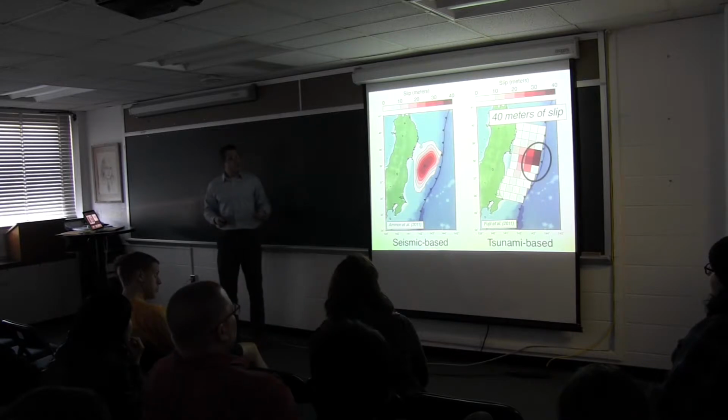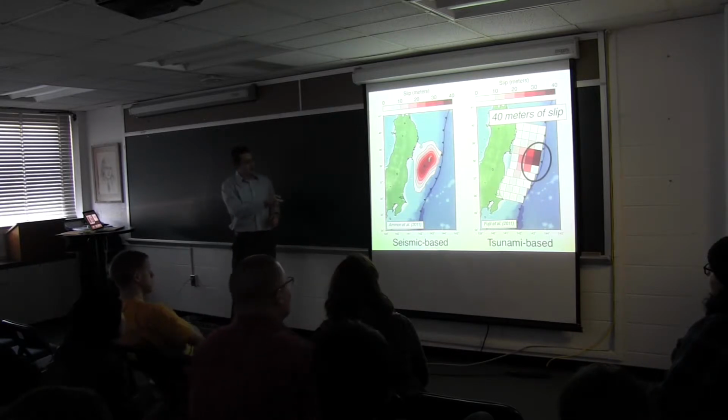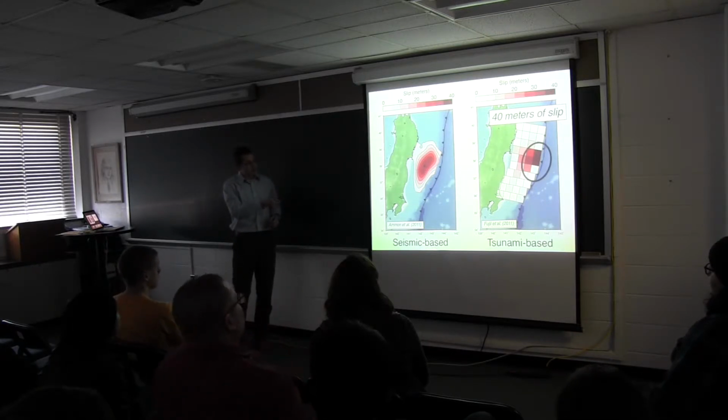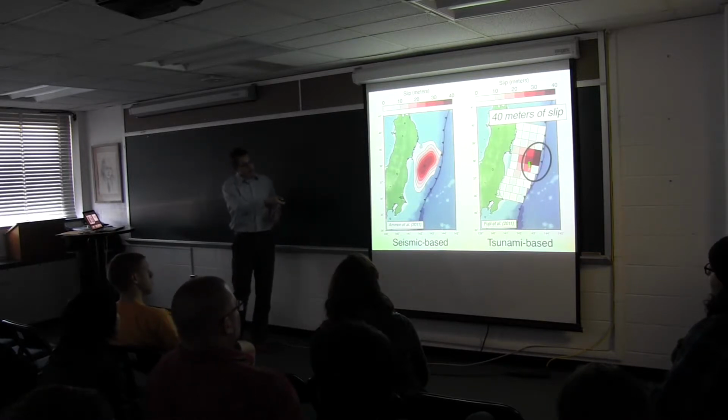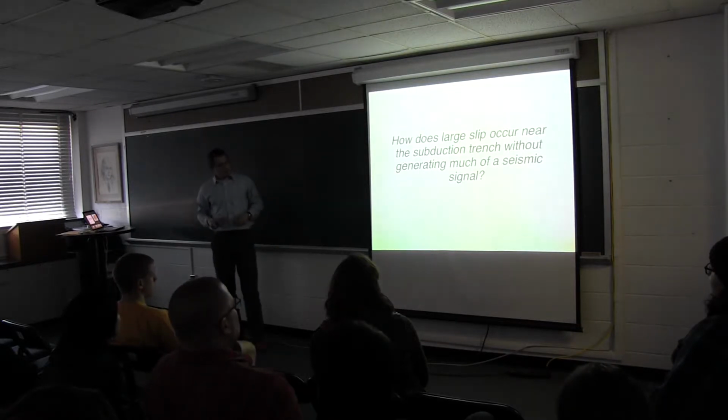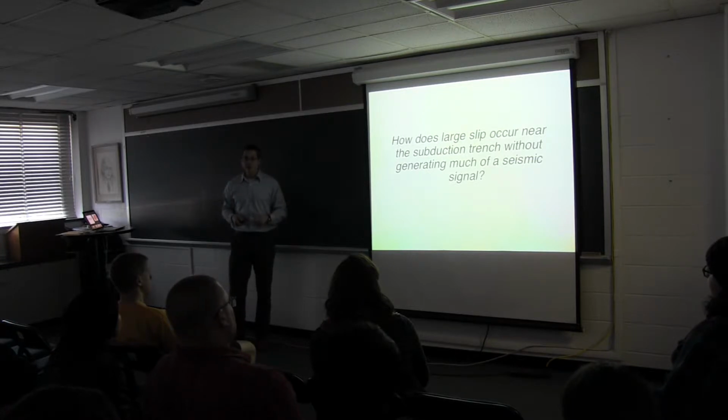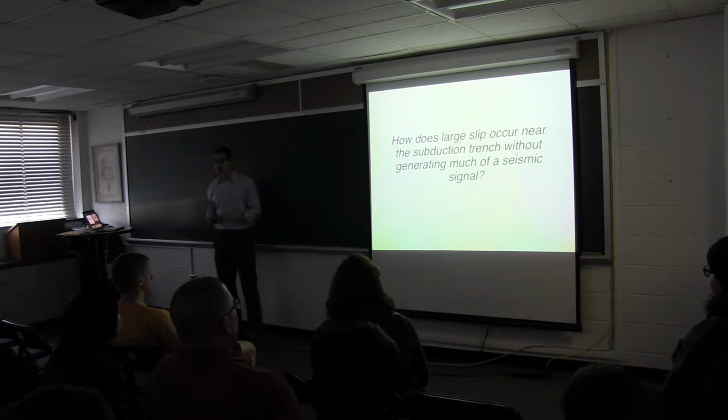So there's this inconsistency. Seismic data show large slip at depth and less slip up at the trench, but the tsunami was very large and showed large slip up near the trench. So I want to try and answer the question: how does large slip occur up near the trench without producing much of a seismic signal?